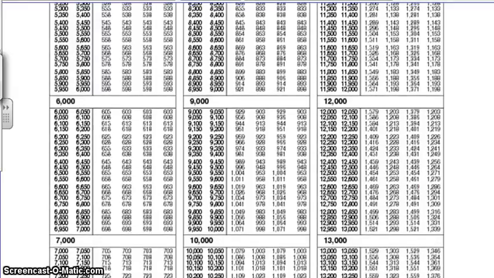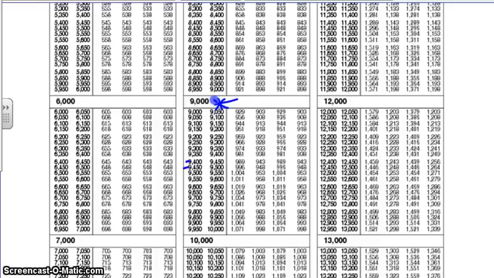Notice that it said $9,485. We have found the 9,400 category. Notice there's two though. 9,400 to 9,450 does not fall within that area. We need to go to the one below, 9,450 to 9,500.